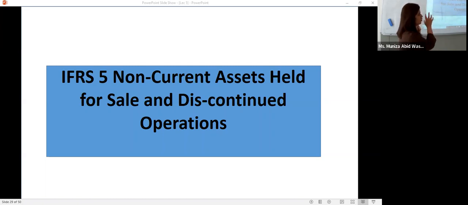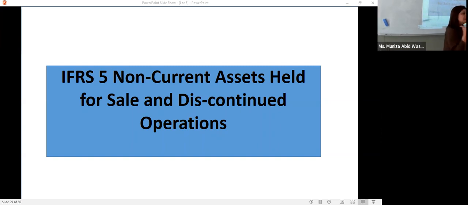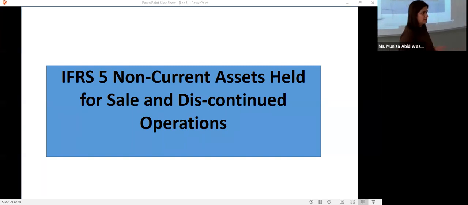Moreover, this includes not only the non-current assets held for sale, but the discontinued operations as well. Sometimes a separate line of operations, say for example, in a full restaurant chain, one restaurant has been discontinued. So if any discontinued operation is present in the organization, its results have to be shown separately from the continued operations of the organization.